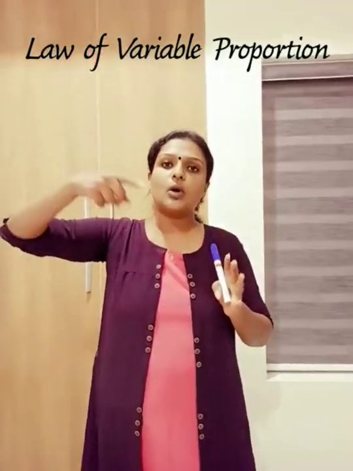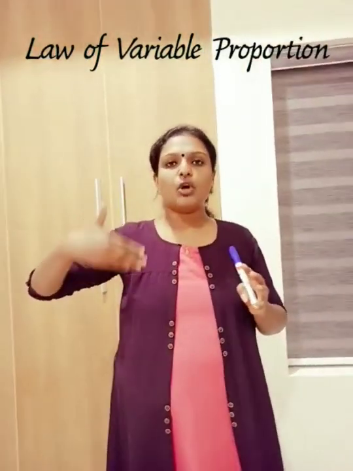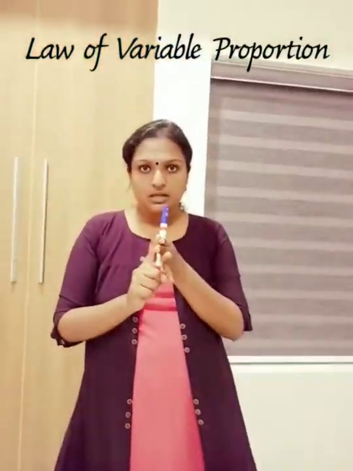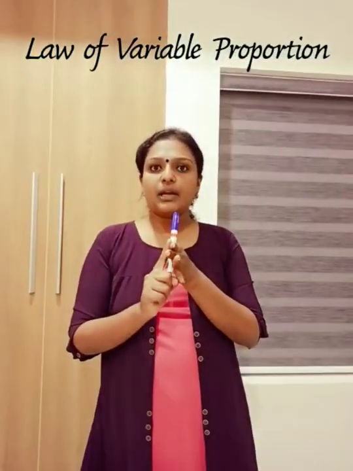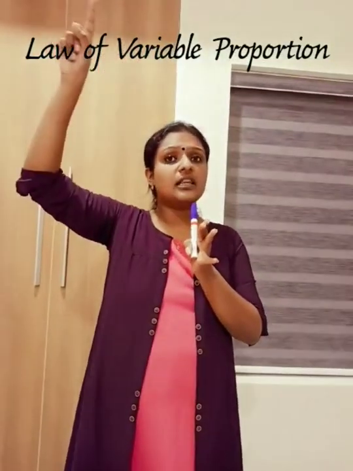Now you are thinking that more labors can be added. So you add the 6th labor, 7th labor, 8th labor and 9th labor. By the 9th labor you are getting total product, but not as much as it increased in the first stage, that is up to 5.